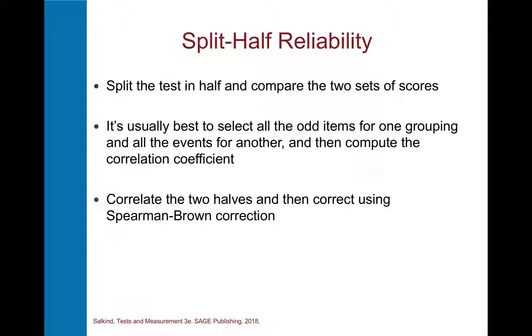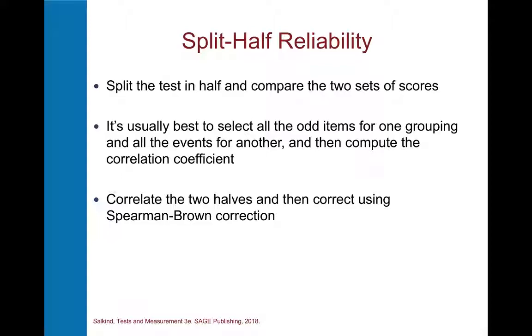This is especially relevant for tests that have hundreds of items, and so by selecting odd or even items, that helps spread out any particular fatigue or any other grouping effects. You may have certain items that are more difficult than others. The odd-even split is a pretty simplistic way of dividing your test into two.